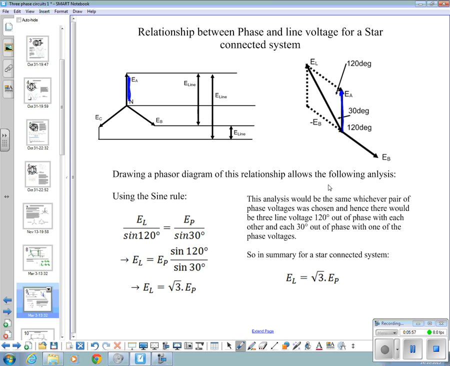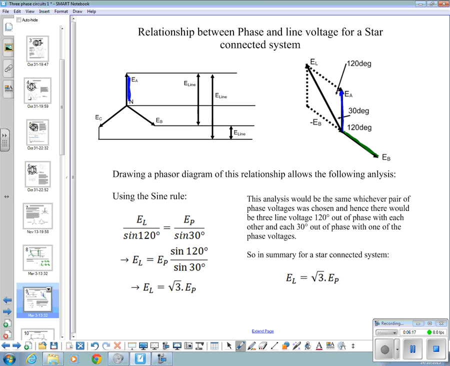Then we've got EB, which is 120 degrees out of phase with EA. So that's that one down there. Okay, we're looking for the resultant of those two. Those two added together become EL.